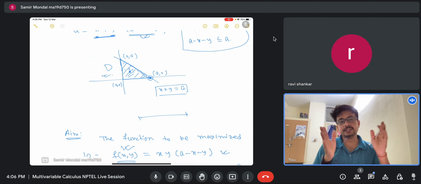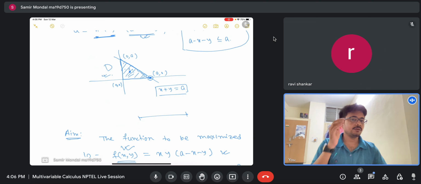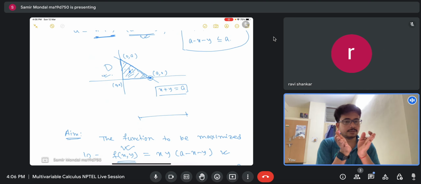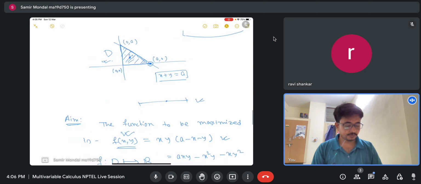For the arbitrary case, suppose R3, it will be a sphere. For R, it is your open interval only. Suppose this is one line and I am telling this point is an interior point. You have to draw one very small open interval, very small or very big, whatever.